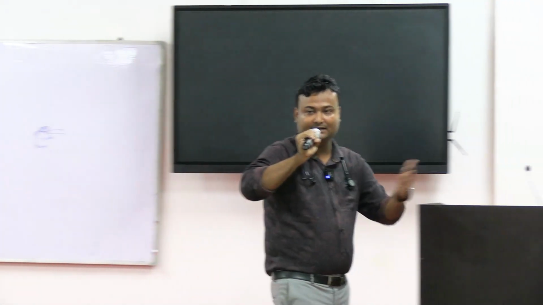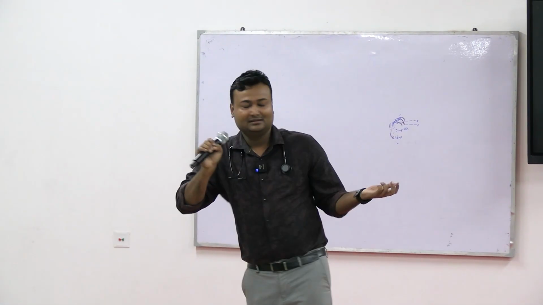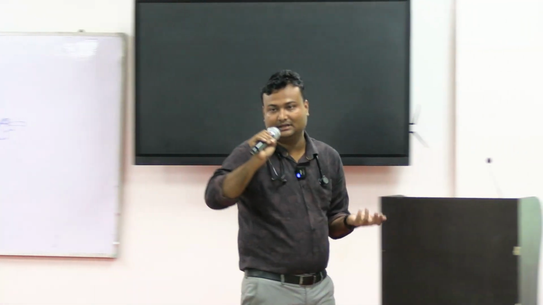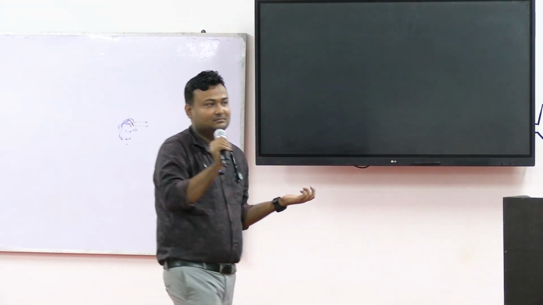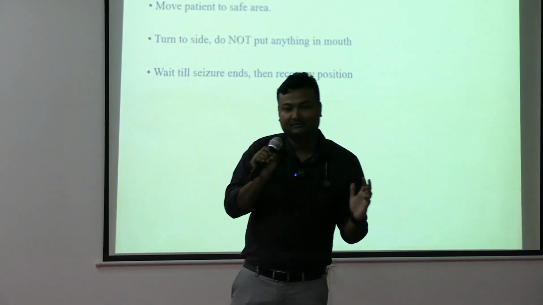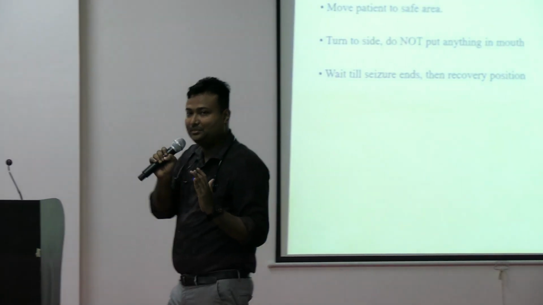If you do not turn the patient to one side, there will be aspiration to the right bronchus. Basically to prevent this, first stabilize the patient's head and neck. Then you have to turn the patient to a lateral side, basically the lateral position.